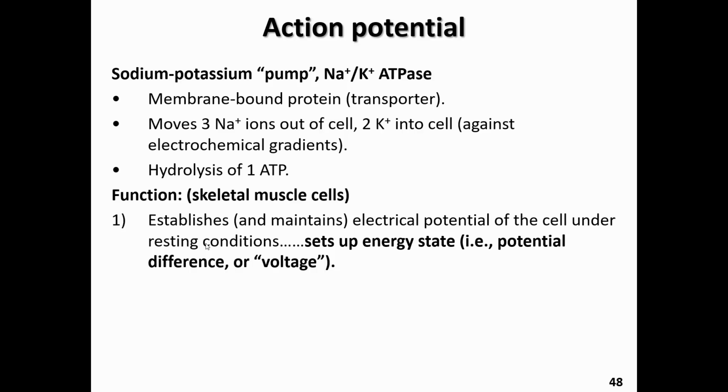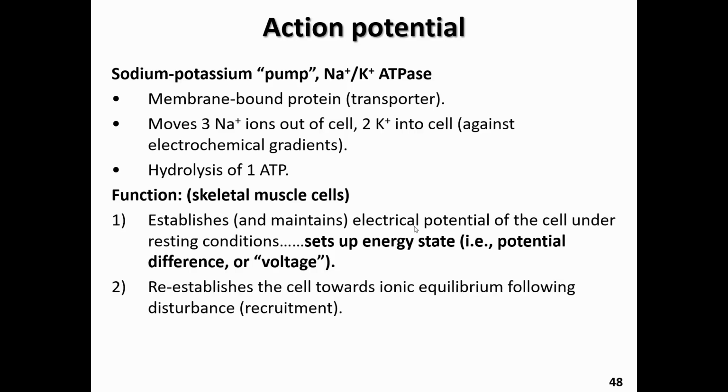Because the cell membrane of neurons and muscle cells do allow sodium to quote unquote leak into the cell, it's important to maintain the cell at its resting membrane potential of -60 by moving those 3 sodium ions out of the cell while bringing 2 potassium ions back in. And so in doing so, this sets up the energy state or the potential difference or the voltage.